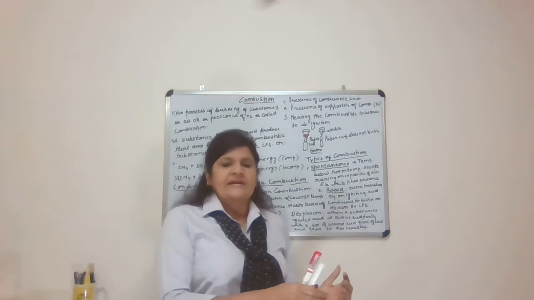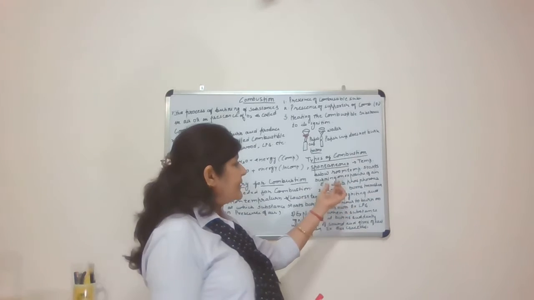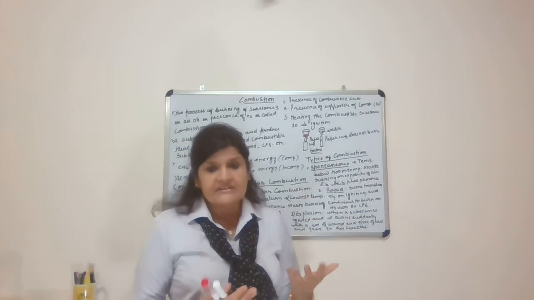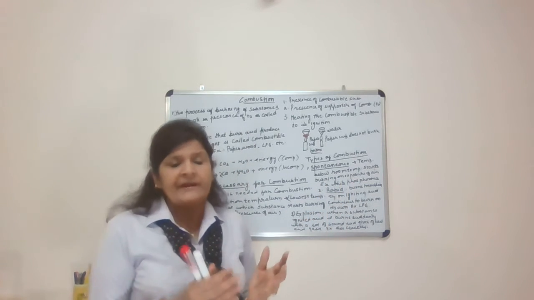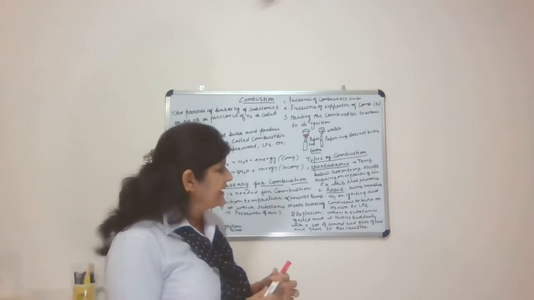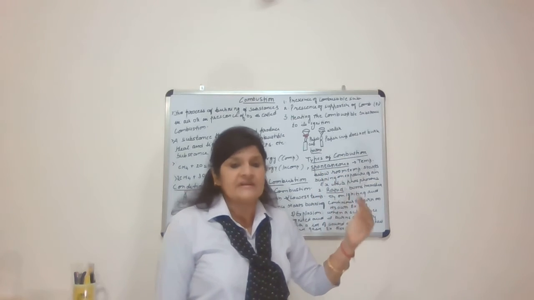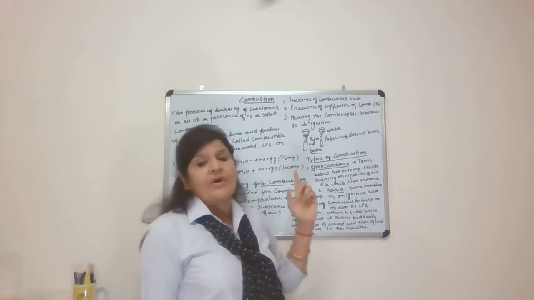If you keep that substance in your room, it starts burning by itself. There is no need to bring a burning matchstick near that substance. It starts burning by itself.